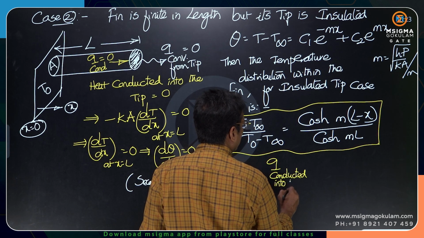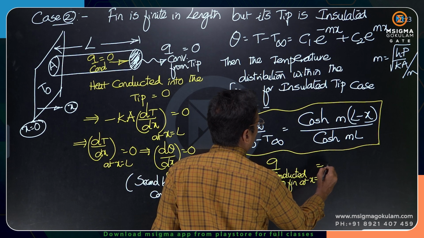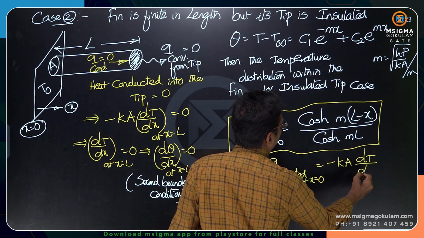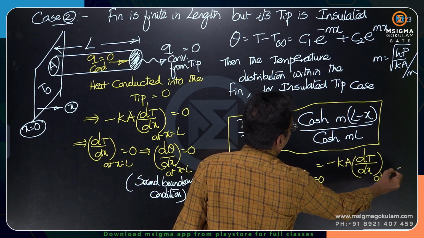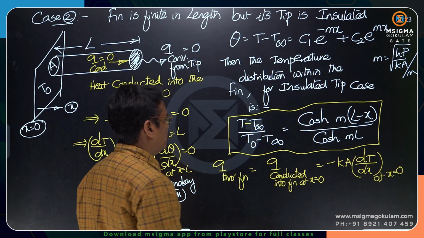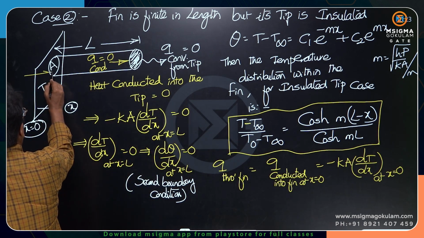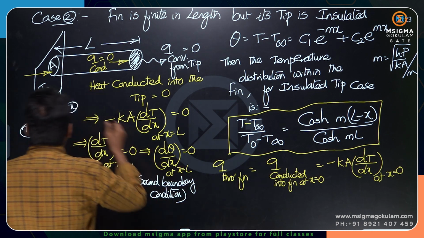That is minus kA dT by dx at x is equal to 0. The heat conducted into the fin at the root of the fin is the total heat transfer rate from the entire fin.